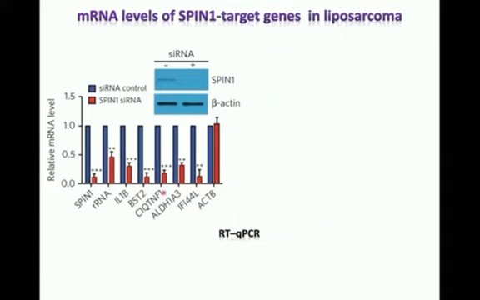So you can see here, in this experiment, we measure messenger RNA levels in some target genes in liposarcoma. You can see the SPIN1 levels here. This is our control setup. You can see why it's control, because the blue one is siRNA control, and we have the SPIN1 knockdown.